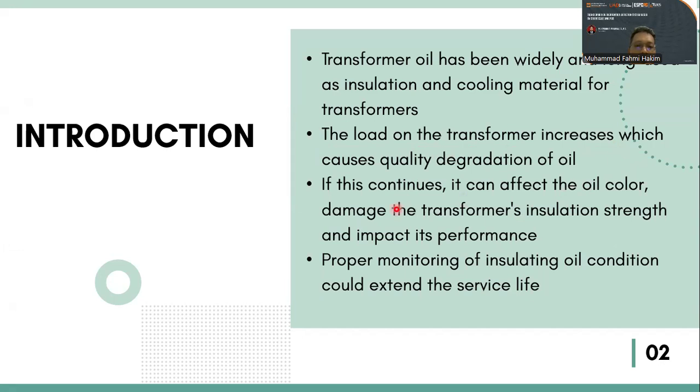If this continues, it can affect the oil color, damage the transformer's insulation strength, and impact its performance. Therefore, proper monitoring of insulating oil condition could extend the service life.